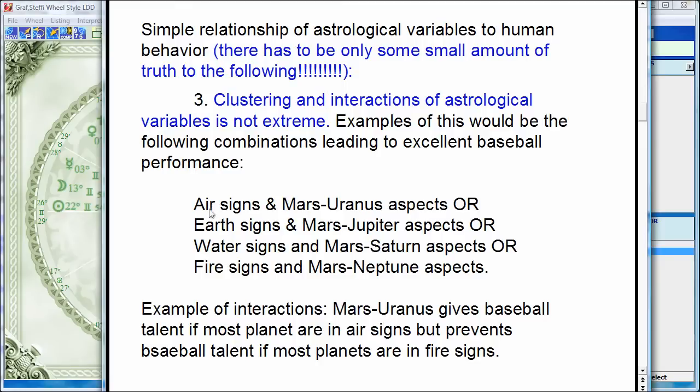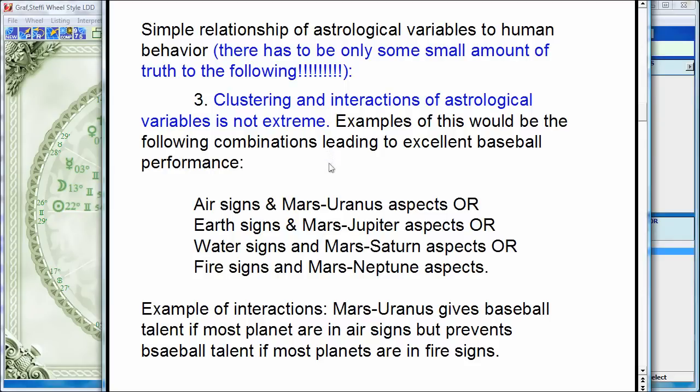And here's another example: air signs in Mars-Uranus, or earth signs in Mars-Jupiter, or water signs in Mars-Saturn, or fire signs in Mars-Neptune. So if you think there's all kinds of different clusters of combinations of astrological variables that lead to something, it's harder to find one simple consistent theme.